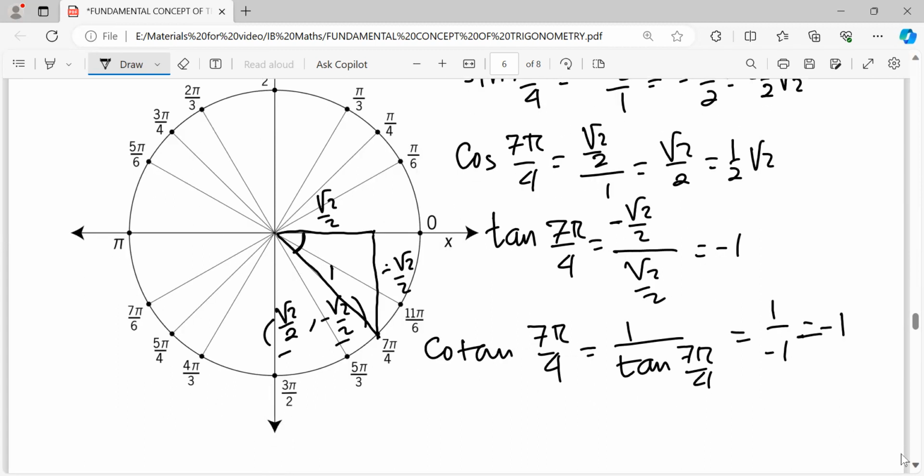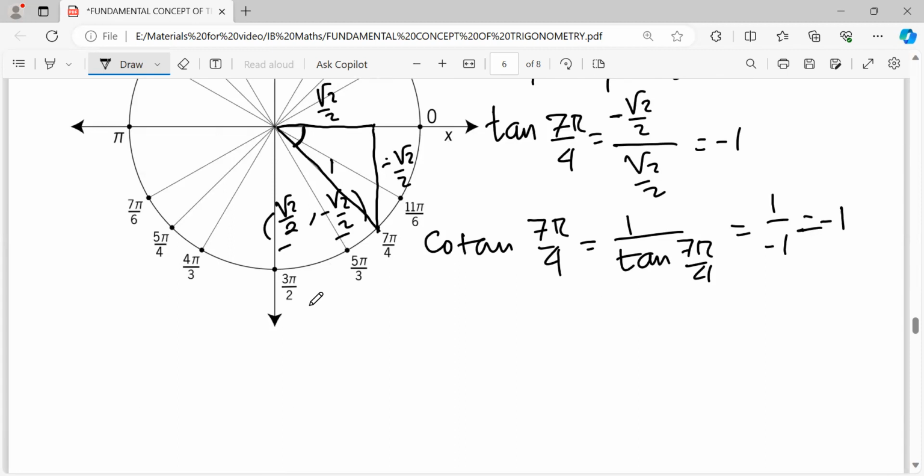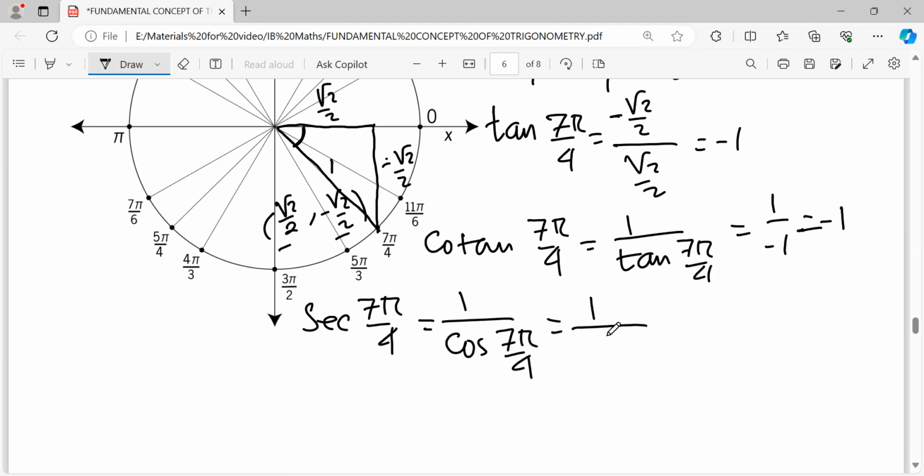Okay. And next, for secant, secant 7 pi over 4 equals 1 over cosine 7 pi over 4, equals 1 over square root 2 over 2, which equals 2 over square root 2. And if you multiply by square root 2 over square root 2, it becomes square root 2, positive.